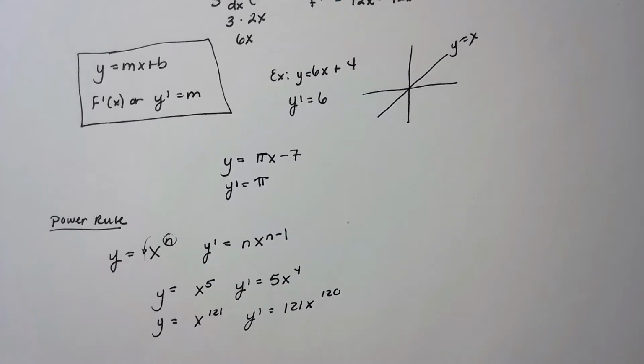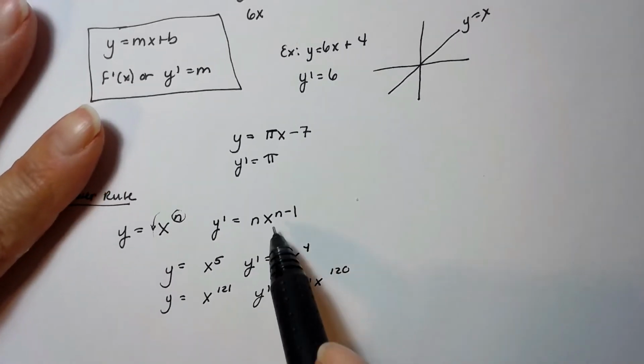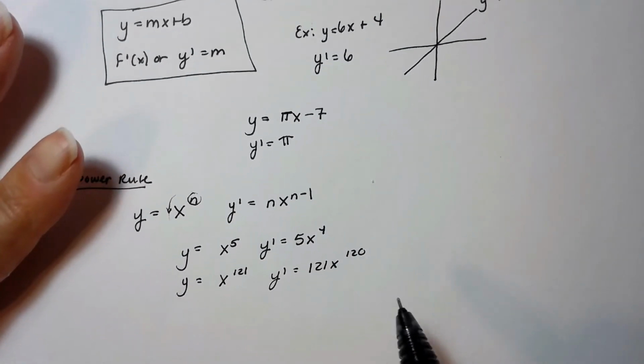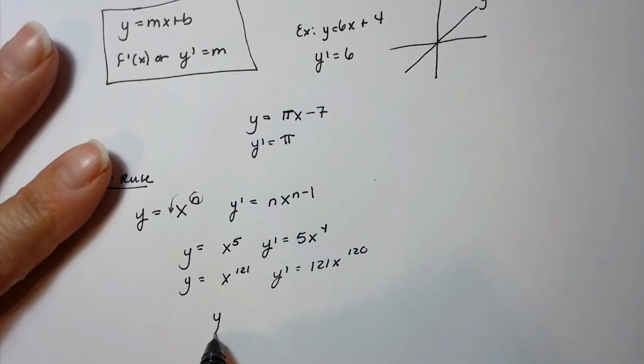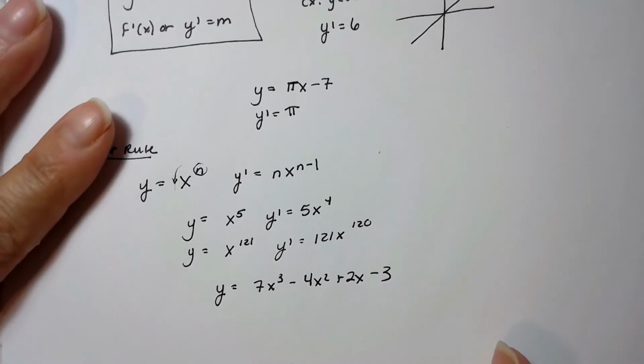Alright, so for polynomial functions, or functions where we have x to the n, we're going to use the power rule. Now a lot of times we don't just have a coefficient of 1. We might have something like y equals 7x cubed minus 4x squared plus 2x minus 3. I'm just making these up.